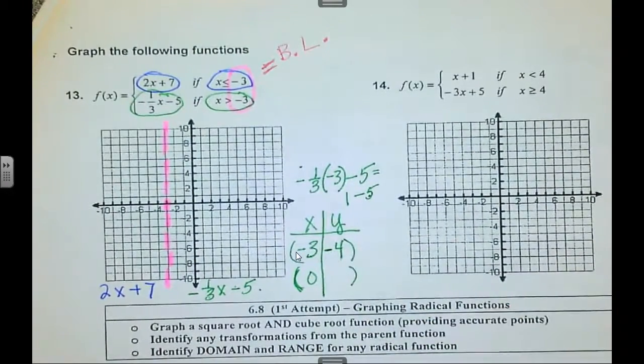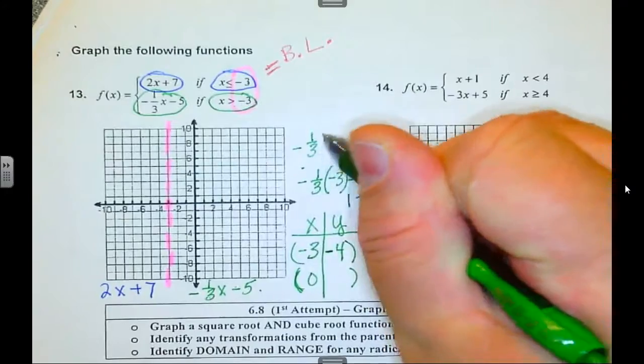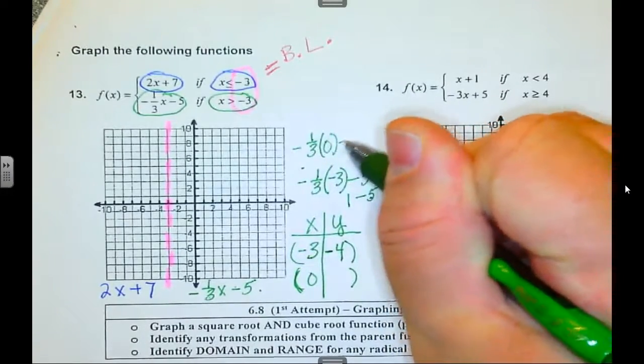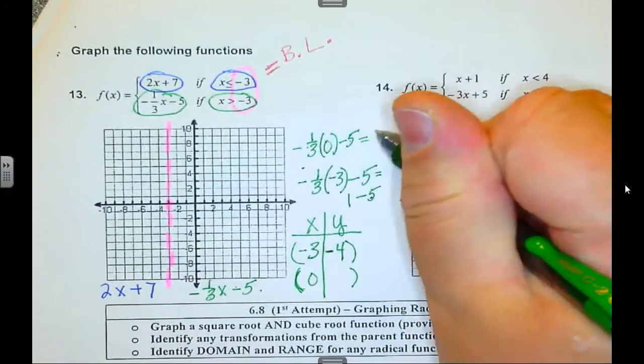Okay, now I chose 0 for my next point. So I have negative 1/3 times 0 minus 5. 0 minus 5 is just negative 5.